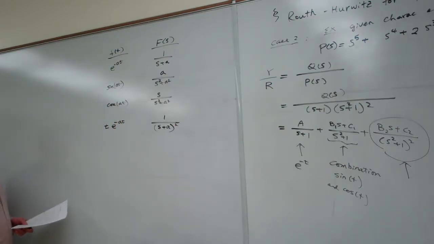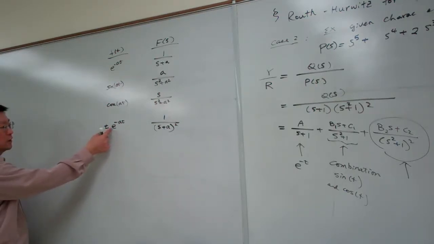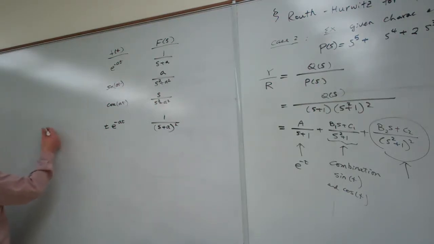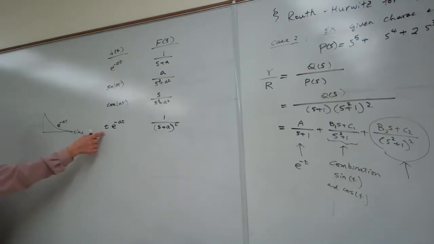For this one, we can check the table: it is t times e to the minus at. And what is this one? This is a multiplication of two functions. Let me draw it. This is exponentially decaying, e to the minus at, and multiplied with t, which is 1 here and starts from 0.